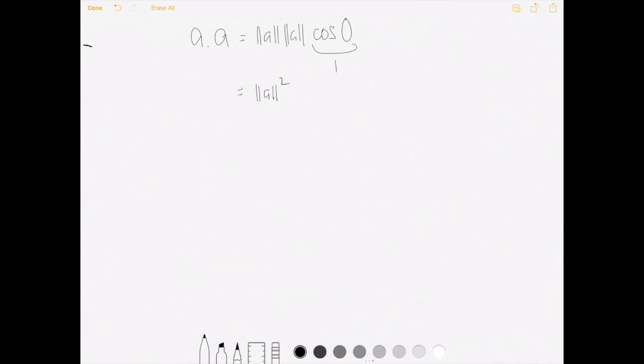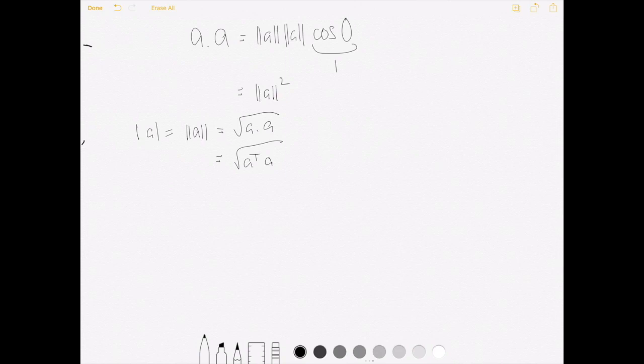That means we can find the magnitude of A just by looking at the square root of the dot product of A with itself, or if you want to write it out in this way, it looks like that. And notice for the magnitude of A, we'll often write that just with single lines, rather than the double bar. The double bar typically means a norm.